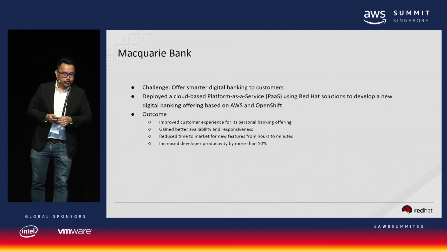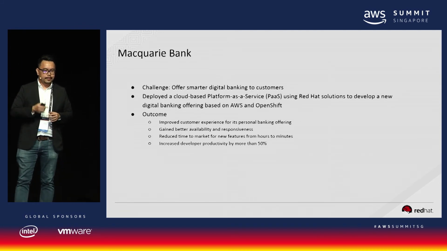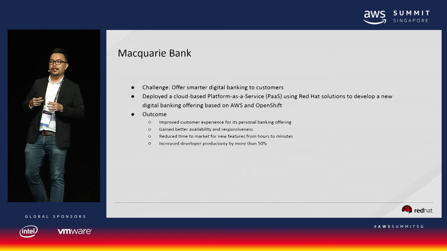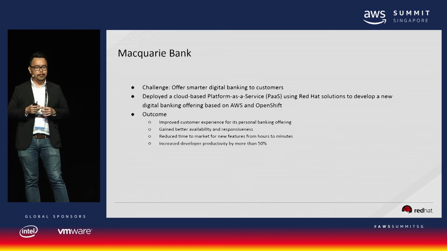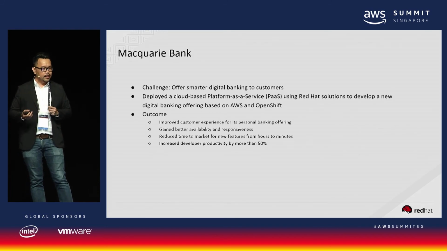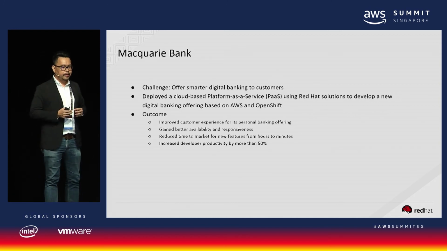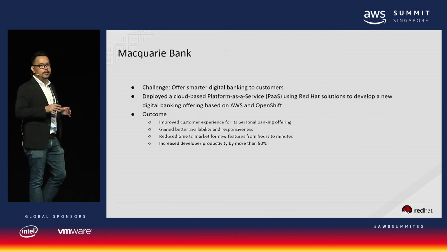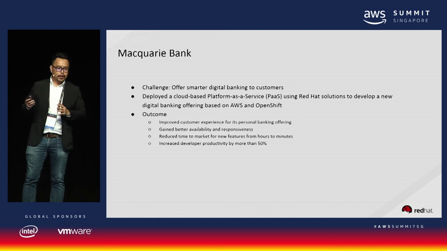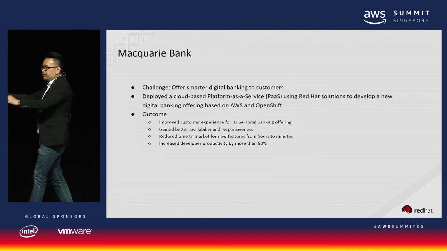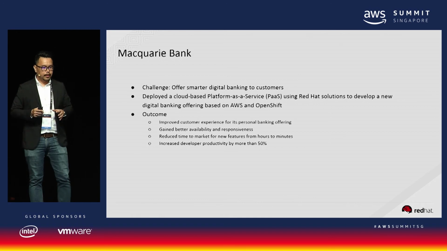Okay, Macquarie Bank, again, same thing. They realized that they needed to stay relevant. They know that their customers' expectations are evolving, so they need to roll out features fast and respond to market conditions faster, and whatever they were doing back then wasn't allowing them to do so. So again, they moved their workload to the cloud.